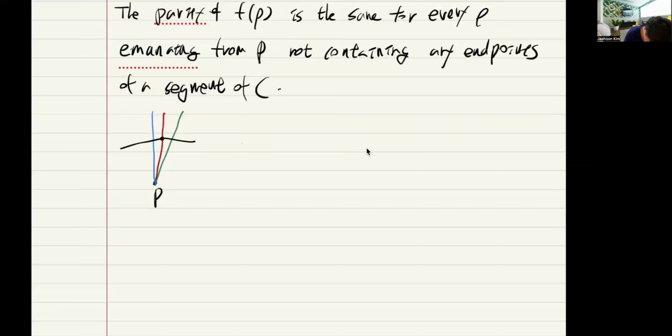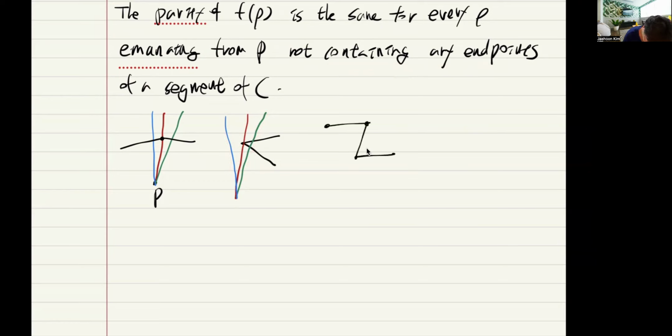And another possibility is that when we have this picture, this one is 0 and this one is 2. And this one, again, it contains the endpoints, so we don't count. So this and this have the same parity. There are more complicated pictures.